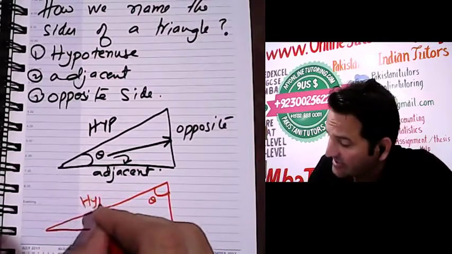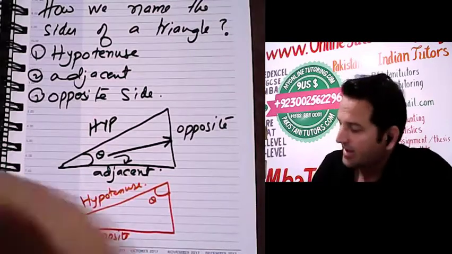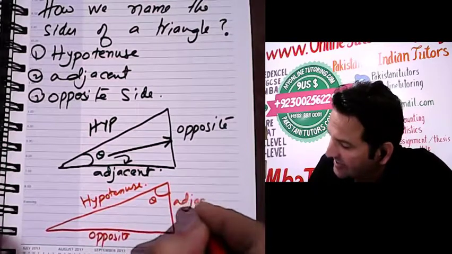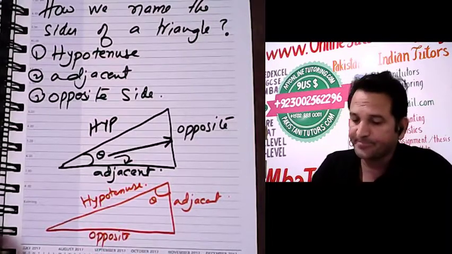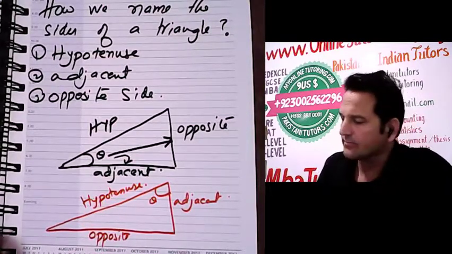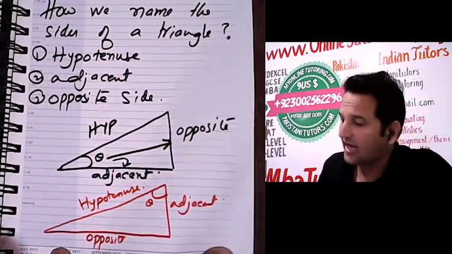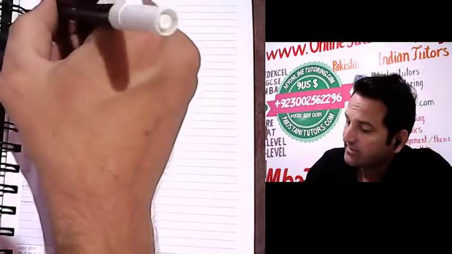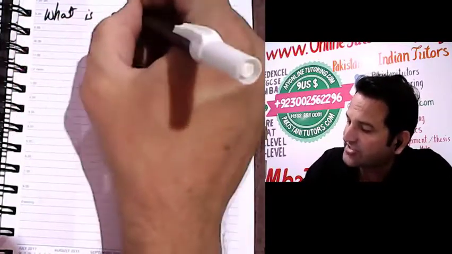Again, the longest will remain the hypotenuse, and this will become the adjacent. Clear? If this is clear to you, now we can say what the Pythagoras theorem is.